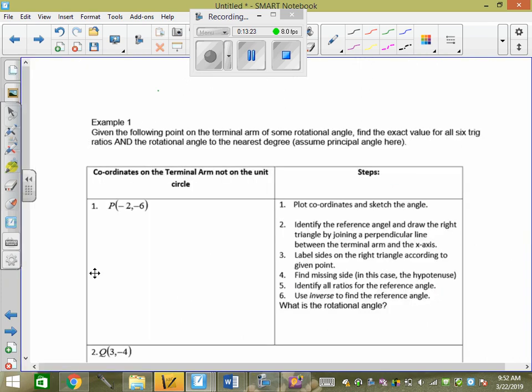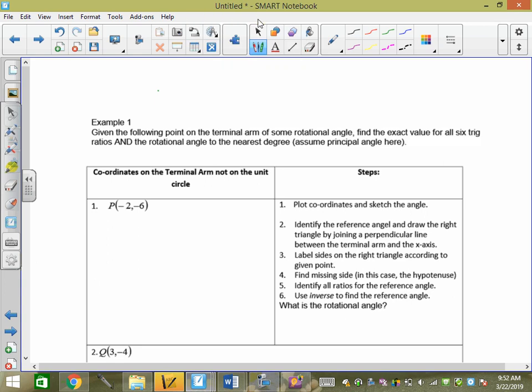So, we also need to memorize our trig ratios. So we have sine. It's y over r. If we're not using an actual angle off of our unit circle, we have to use our trig ratios. So remember SOHCAHTOA, right?